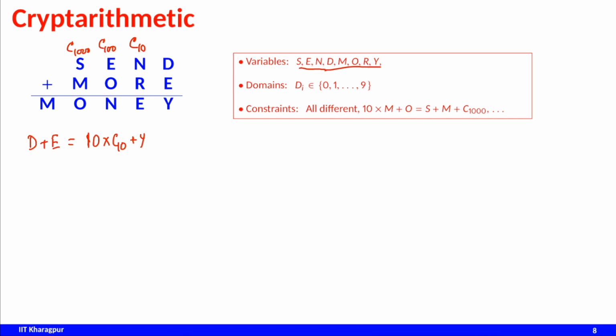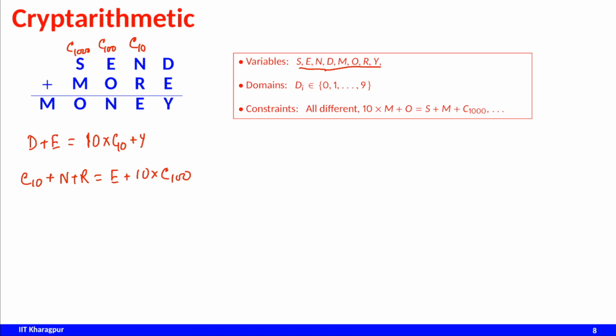Similarly, we can say C10 plus N plus R is equal to E plus 10 times C100.